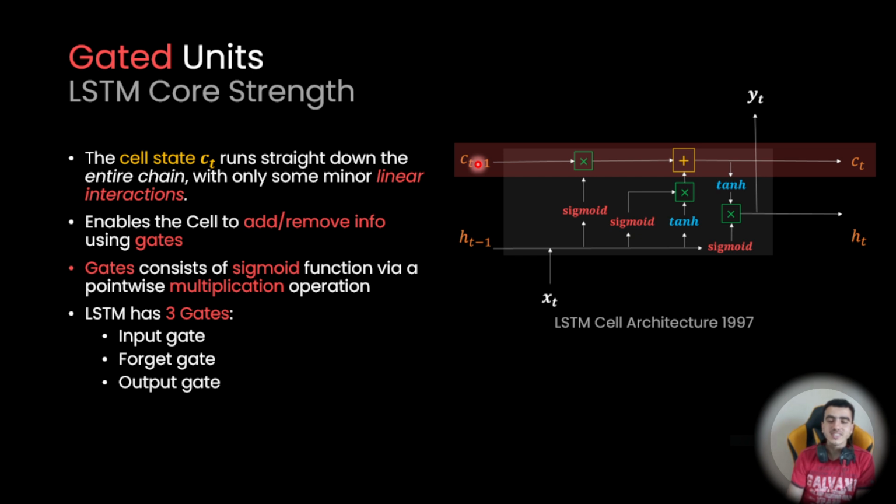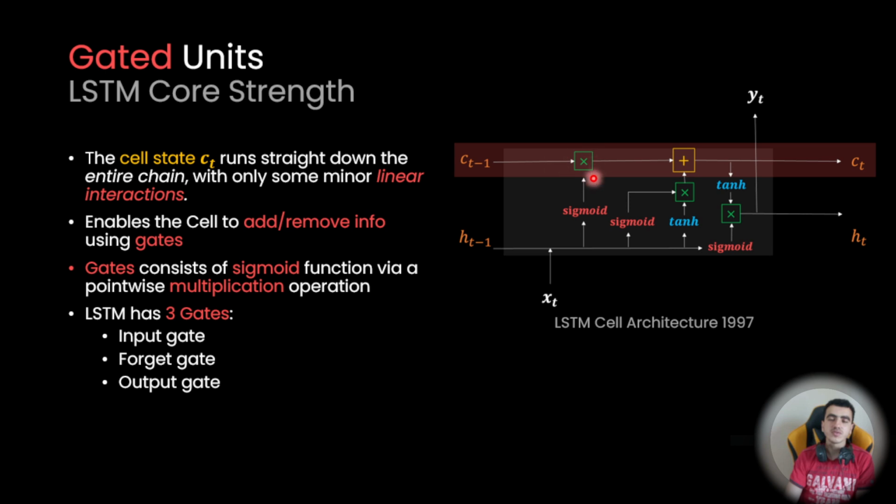So as you can see here, it interacts with the input through this gate, and also adds information through this gate. It is multiplied by this gate because this is the forget gate, and we are here removing information from this cell state, which is passing through the entire chain of the LSTMs.